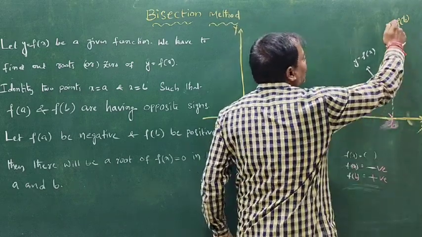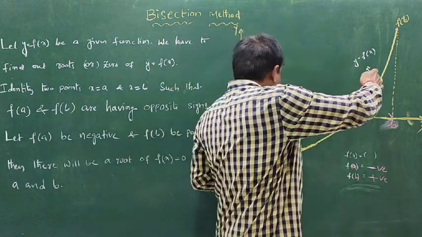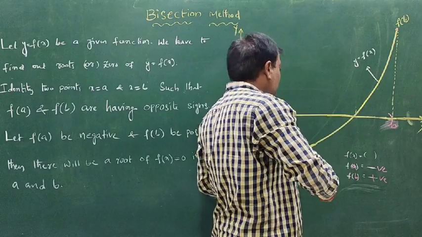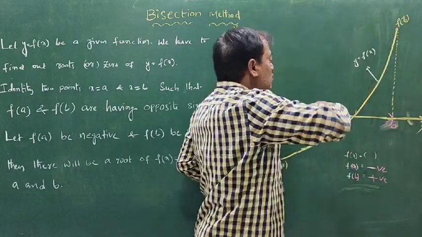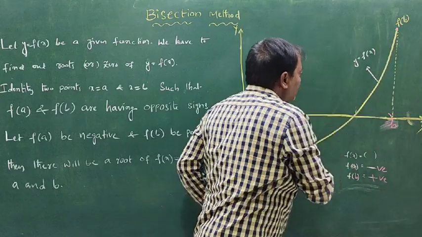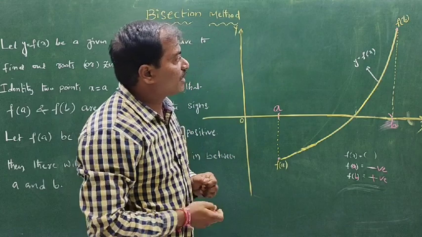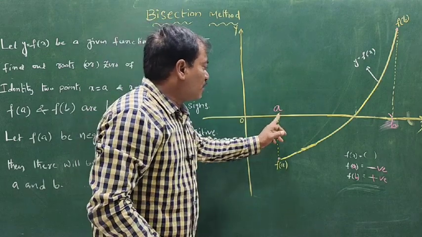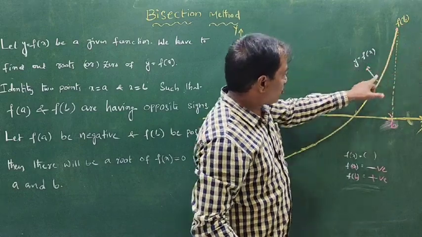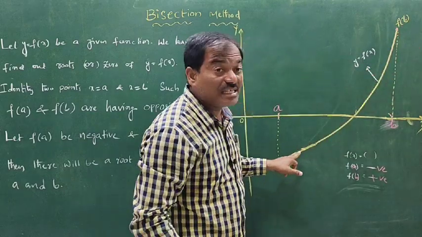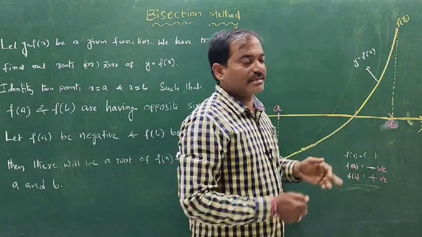So this is the graph of the given function y equal to f of x. When x equal to a, the function value is negative, and when x equal to b, the function value is positive. So we plot the graph. Now this graph is intersecting the x-axis somewhere.